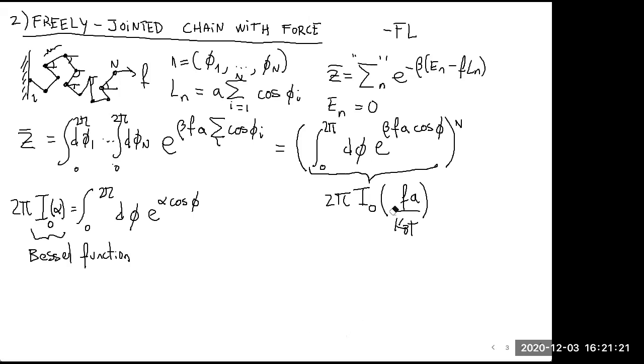You always have to take care that things make sense dimensionally. So then we get 2 pi times the Bessel function evaluated at beta f a, to the power n. That's the partition function, calculated. We can do it, which is good.